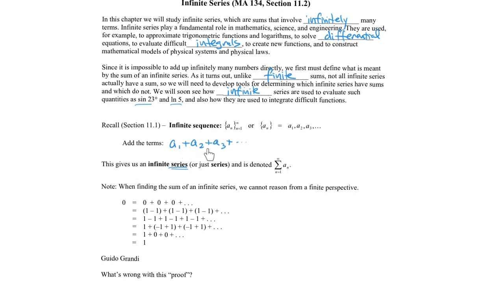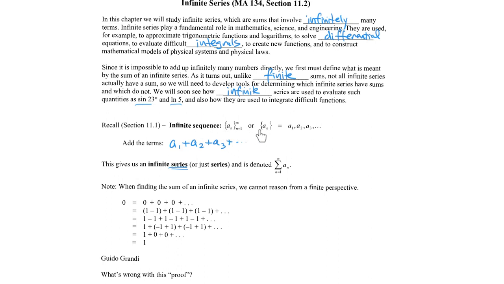A series is when we add these. Infinite series are just series, and look at the notation we use here. It's a sum. And it makes sense, right? The sum is n goes from 1 to infinity of a sub n. So we'd get a sub 1 plus, because it's a sum, a sub 2 plus, because it's a sum, a sub 3. And we would basically get this right here, going to infinity.